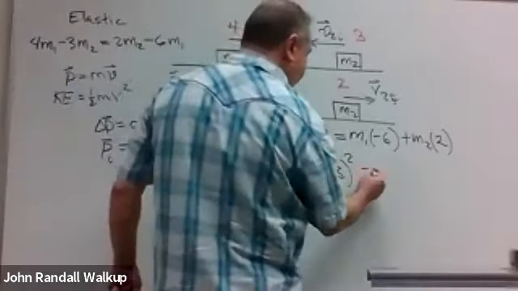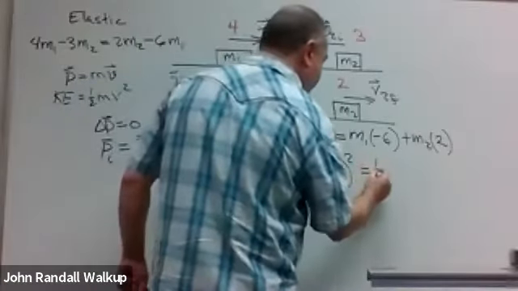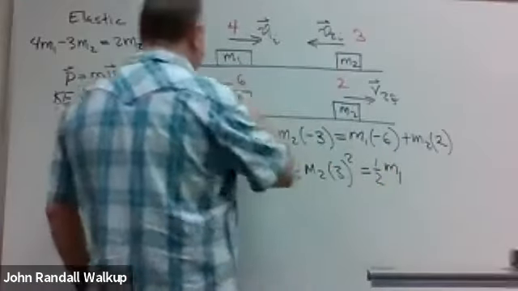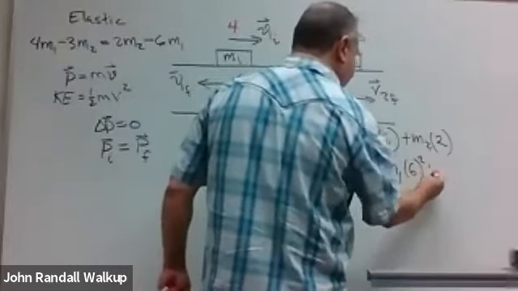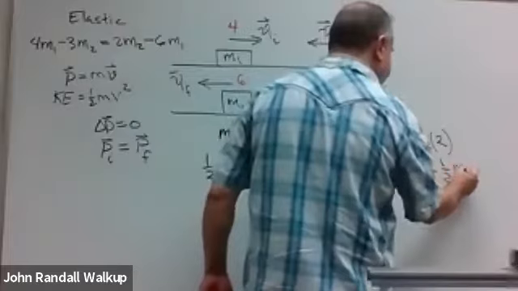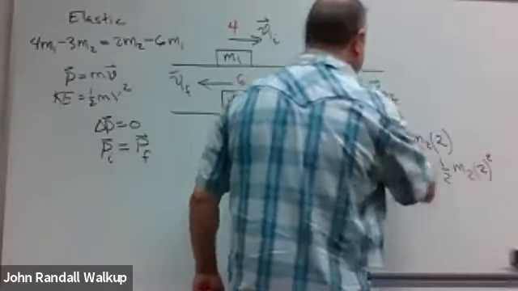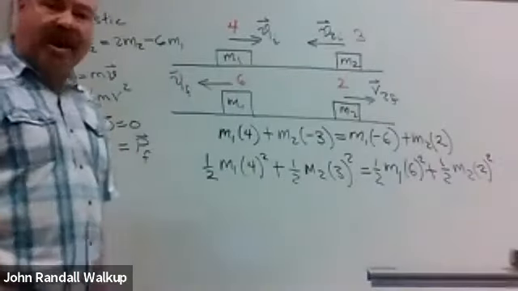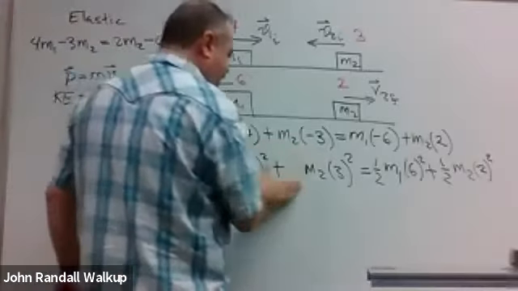And that's got to equal what? 1/2 times m1 times speed squared plus 1/2 times m2 times the speed of this one squared. The nice thing here is that the 1/2s all cancel. Every term's got a 1/2, so I can just come through here.